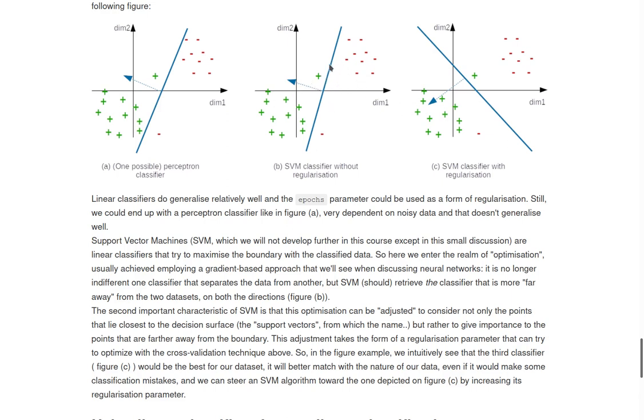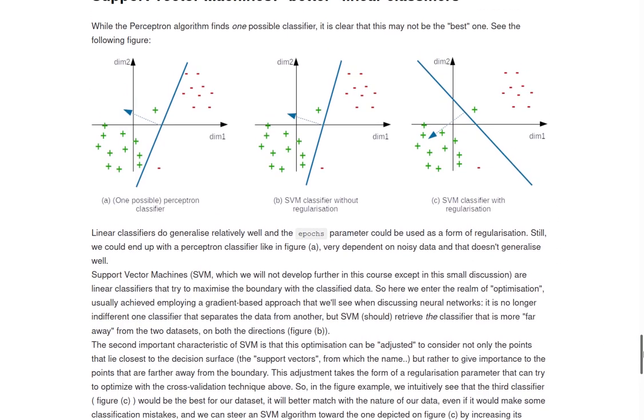So it considers not only this point here, which in the terminology are the support vectors, and this is why it's called the support vector machine, the points that are closest to the boundary and decide exactly the slope of the classifier, but also all the other points. And when you consider the other points, you try to minimize the errors, but at the same time keep the largest boundary that you can.